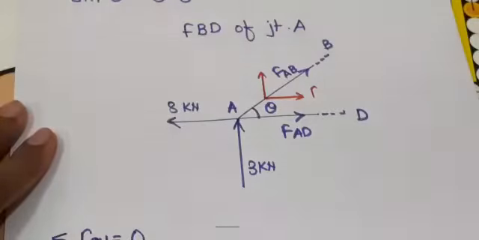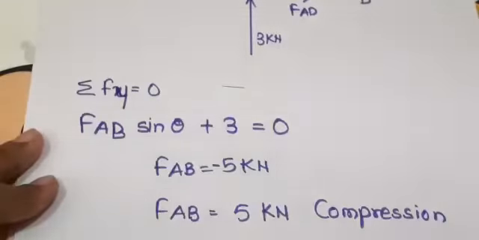Now consider the first joint, that is joint A. Draw the FBD of joint A like this and apply the conditions of equilibrium to joint A. Applying the first condition, which is summation Fy is equal to 0, we get FAB sin theta plus 3 is equal to 0.